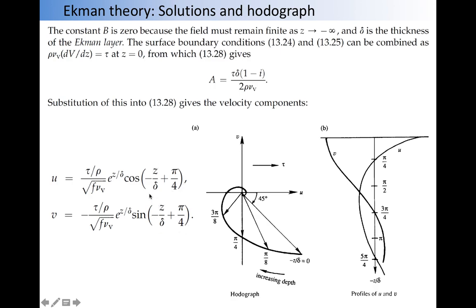That means cosine pi over 2 is 0, and this will be 1. And you might see z over delta decreases with depth because of the negative sign embedded here, right?